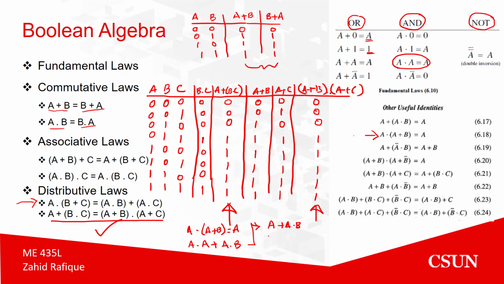I can rewrite this as (A AND 1) because of another basic law here for the AND. A AND 1 is equal to A, OR (A AND B).